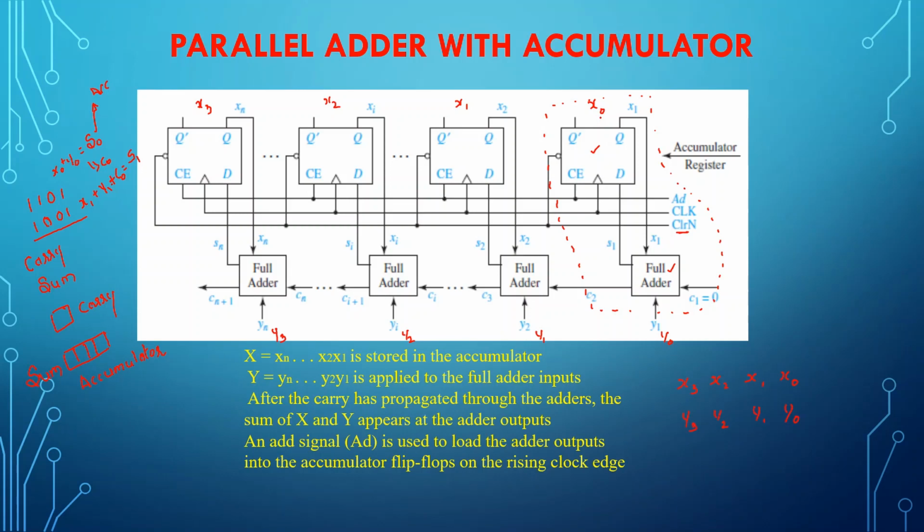The easiest way to load the accumulator is using asynchronous clear inputs on the flip-flop, and then put X data on the Y input to the adder and add to the accumulator in the normal way, as it is explained here.